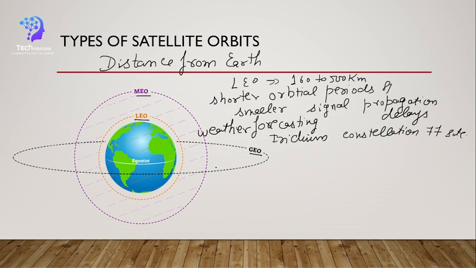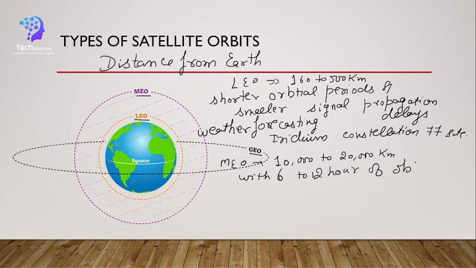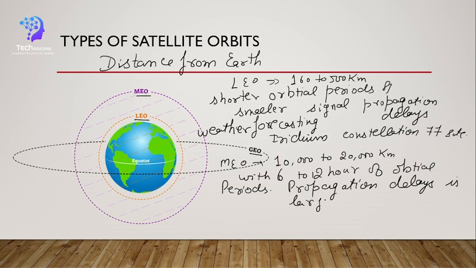So second is MEO, which is at a height of 10,000 to 20,000 kilometer, with 6 to 12 hours of orbital period, and the propagation delay is large because they are at a large distance from the surface of the Earth.